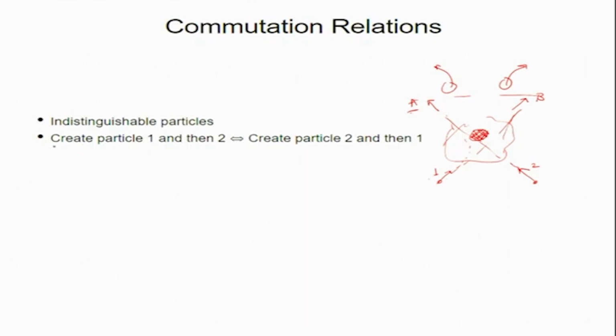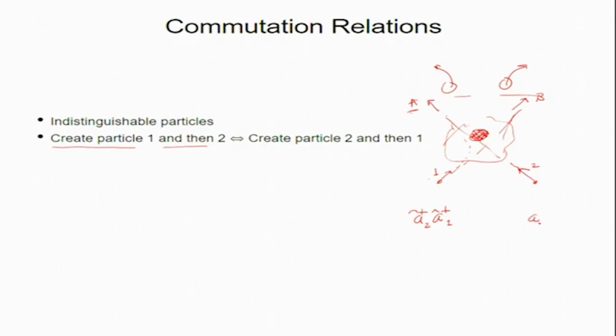So think of you have two particles, you create particle 1 and then particle 2. So I create A dagger 1, then A dagger 2. Dagger is a creation operator, no? So we have two particles. In field theory you can create particles and destroy particles. So just imagine that in some experiment in nature these two particles were created.